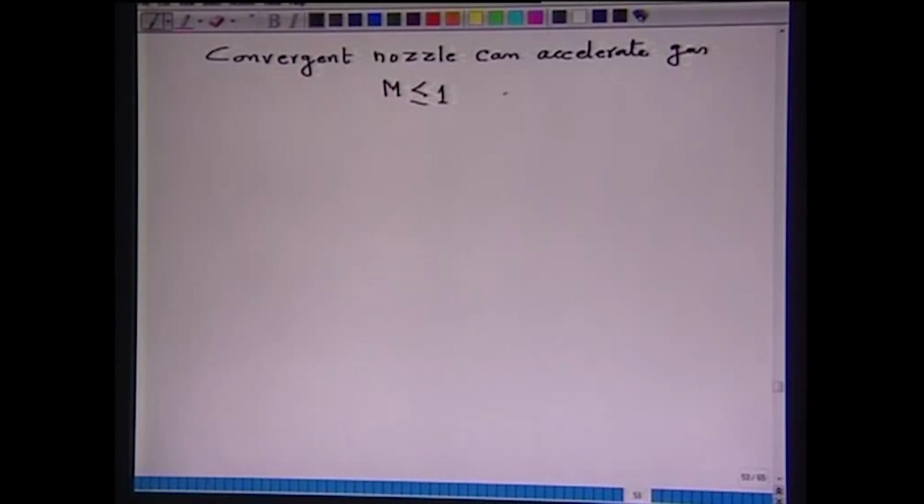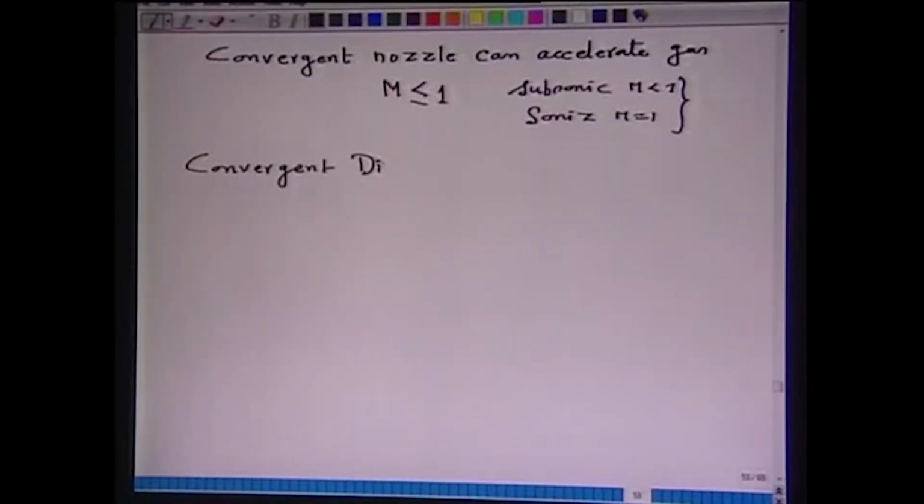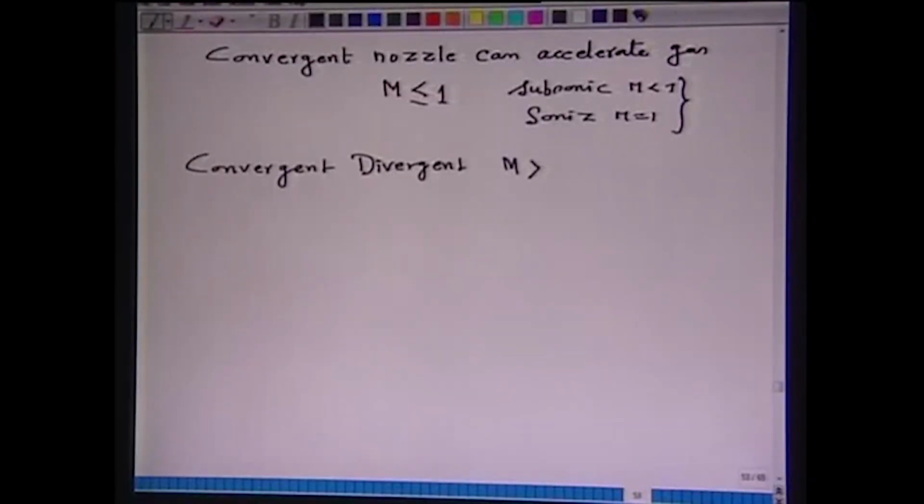So, these types of nozzles are called subsonic when M is less than 1, and sonic when M is equal to 1. So, such nozzles are called subsonic to sonic nozzles, depending on the value of Mach number at the exit of the nozzle, whereas a convergent divergent nozzle can accelerate the gas to any value where M is greater than 1.